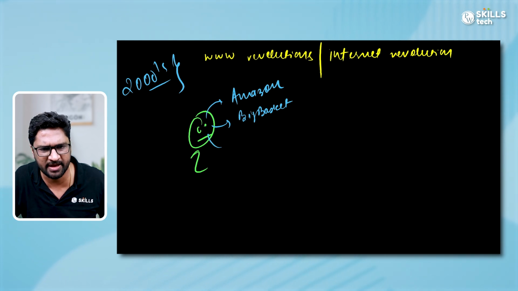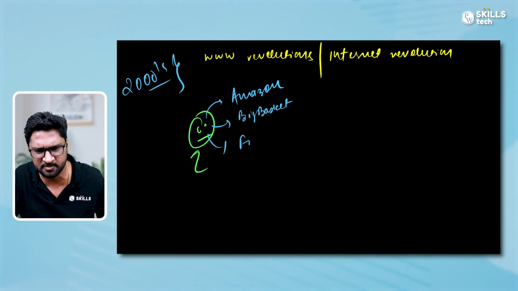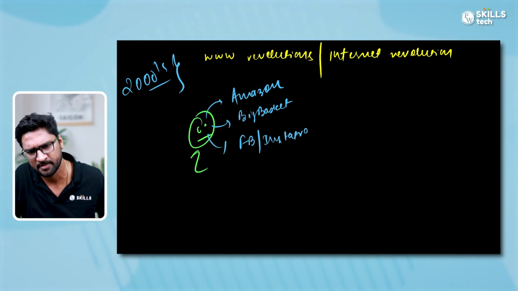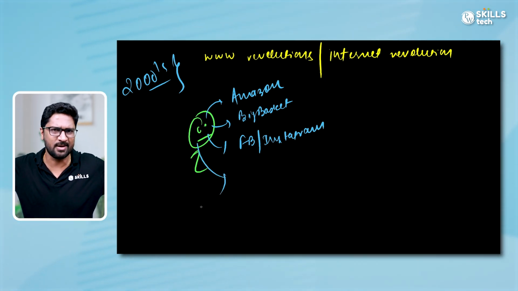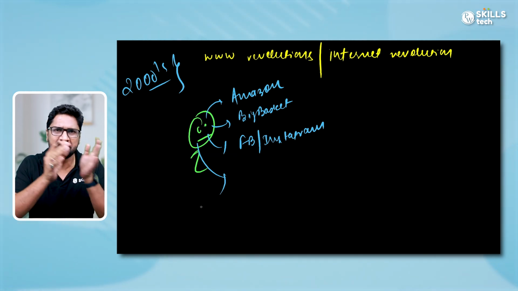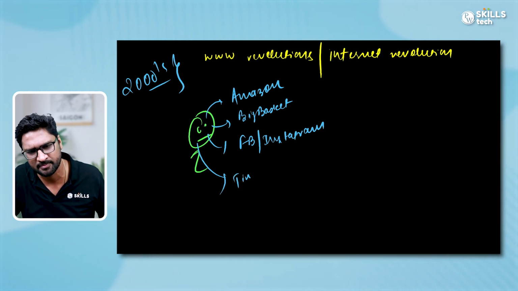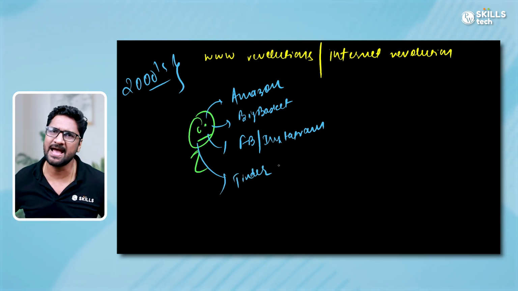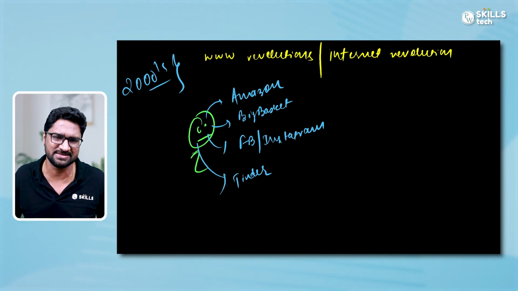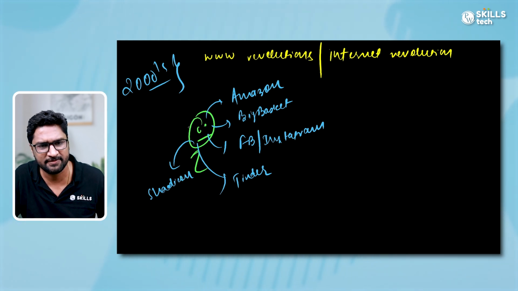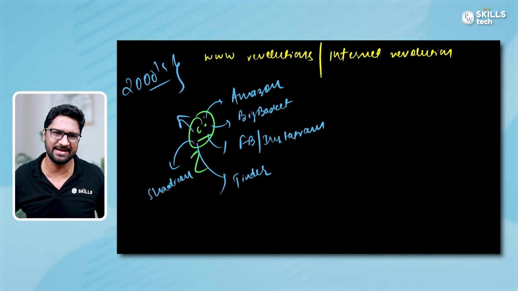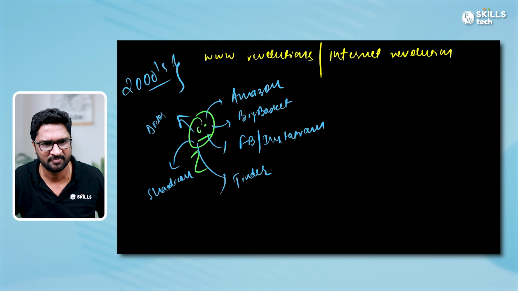If I'm feeling bored, I want to connect with my friends, I have Facebook, I have Instagram. Even the dating kind is sorted today. If I want to date someone, I don't have to go out and take risks. I can just swipe left or right, all thanks to Tinder. If the dating app is not helping me much, I can go for the matrimonial site called shaadi.com. If I'm tensed after doing Shaadi, I can use something called doctor.com.